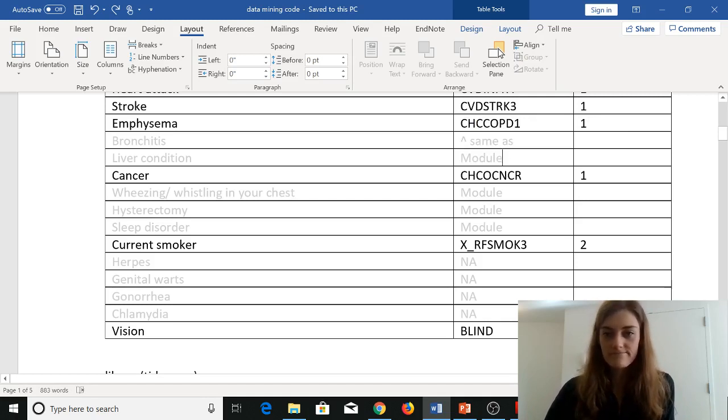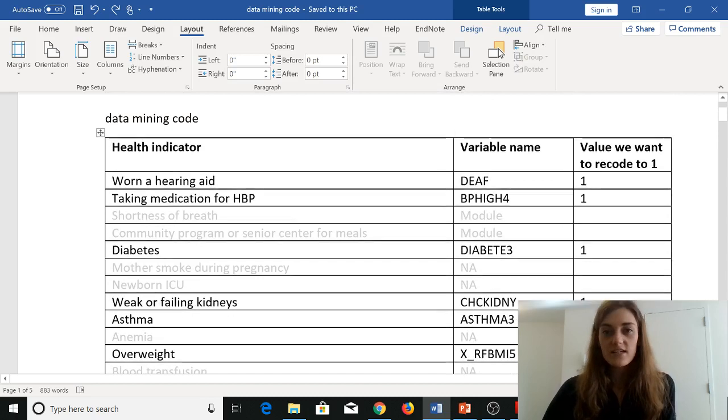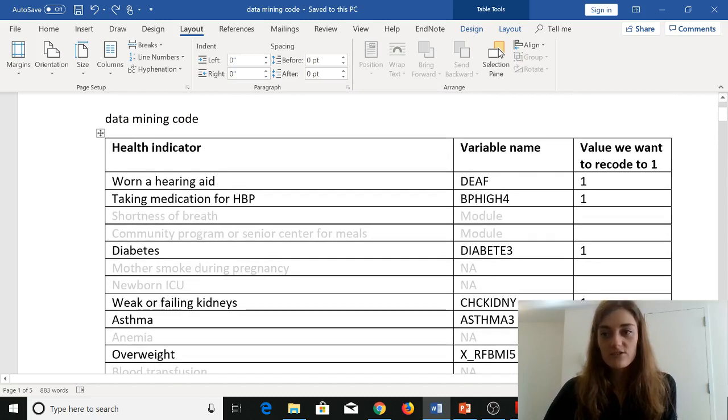All right, cancer, smoking, and the question in NHANES is, how's your vision with glasses or contacts? The question in BRFSS is, are you blind? So it's kind of similar. And then just as we did in the prevalence estimates, we have to look at the values that we want to recode to 1. So, yes, I'm deaf.